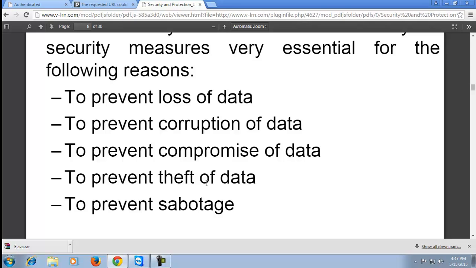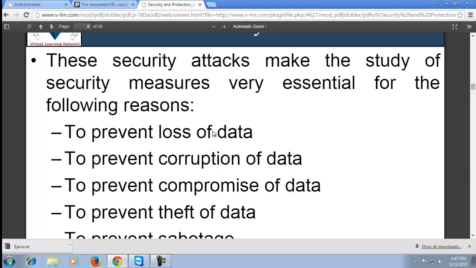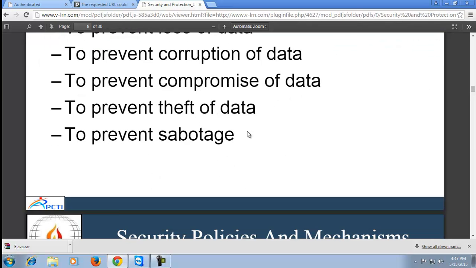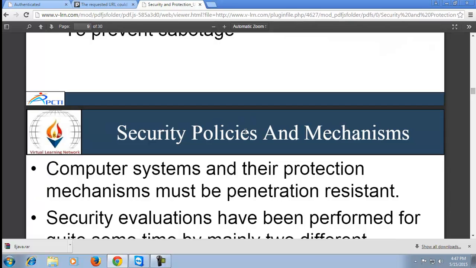All of these threats cause us loss, because after any threat occurs the data will be lost and we are not able to recover it. So security policies and mechanisms are required and are generated for these kinds of problems.